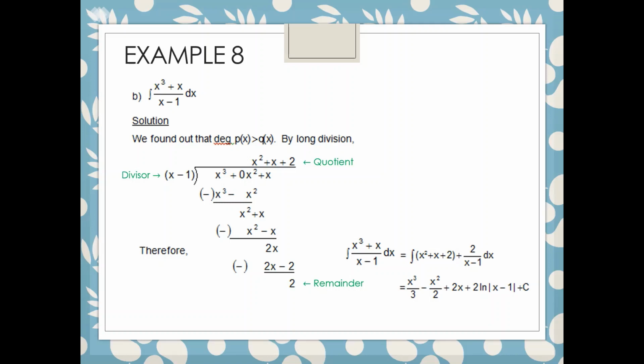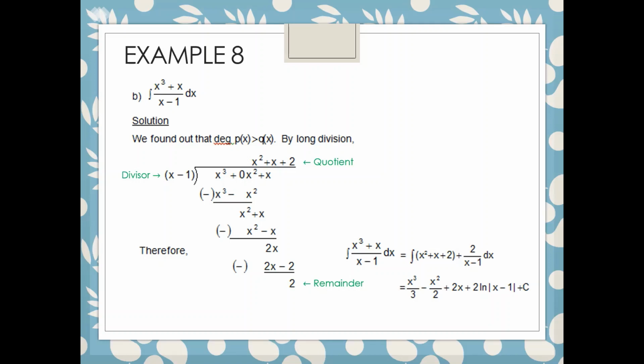X cubed minus x cubed is 0. 0 minus negative x squared is x squared. Bring the last term together and you will obtain x squared plus x. Next, to obtain x squared from x, multiply x minus 1 with x, you will get x squared minus x.